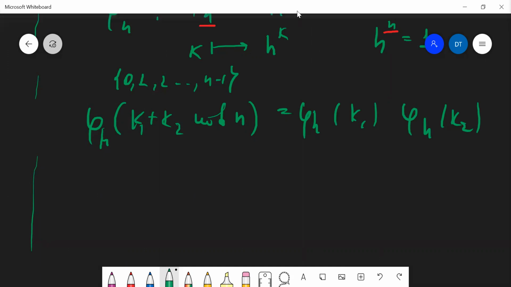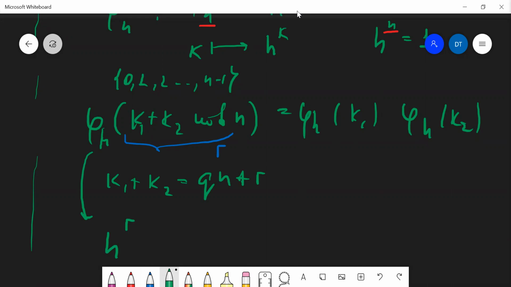But when you compute this, how do you do this? You know that if you add k1 plus k2, it may be larger than n. Then you divide this with remainder. So the result here will be r. When you compute the left-hand side, you will get h to the power of r.